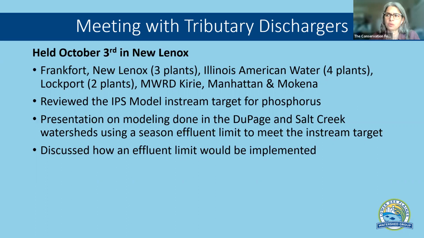So those are some of the things that we're working on right now, what those next steps would be, and how that effluent limit would be implemented. So still a lot to discuss with those plants in particular, and looking at comparisons of cost, both from their own feasibility studies and potentially looking at updated numbers there.